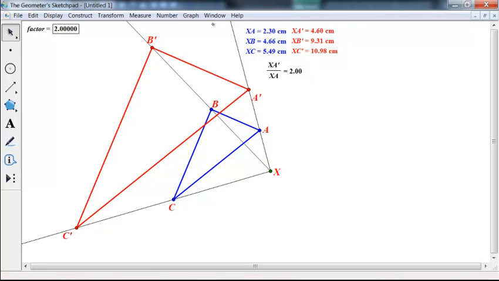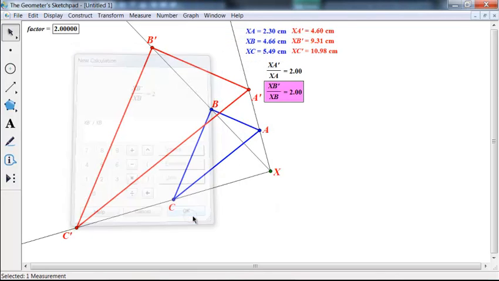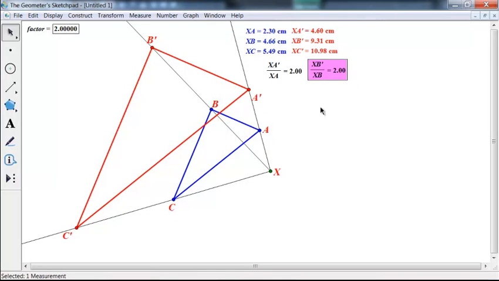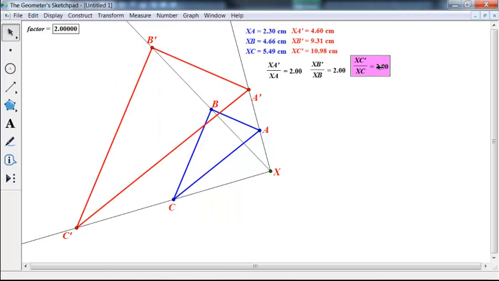That's 2. Or calculate image distance divided by pre-image distance: 2 also. Image distance divided by pre-image distance, that's also 2. And in fact, 2 was what? The scale factor. What if I change this to 3?